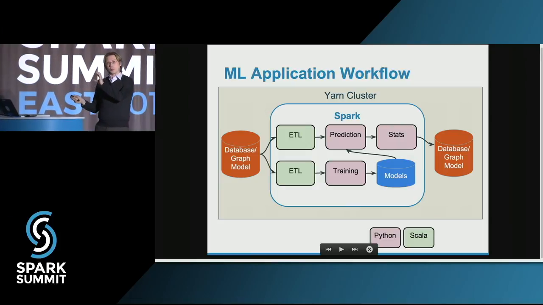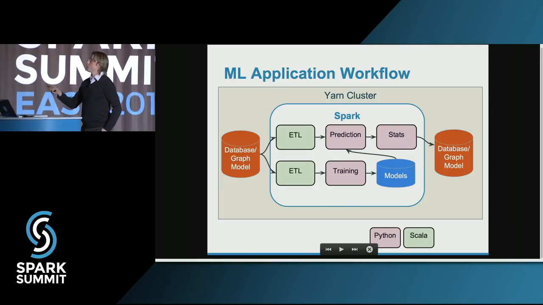All right, now concentrating on just the machine learning part, this is where we use Spark. Our typical machine learning application runs on a Yarn cluster, and it consists of roughly the following basic workflow. We get the data from the distributed database. We ingest it, transform, load.